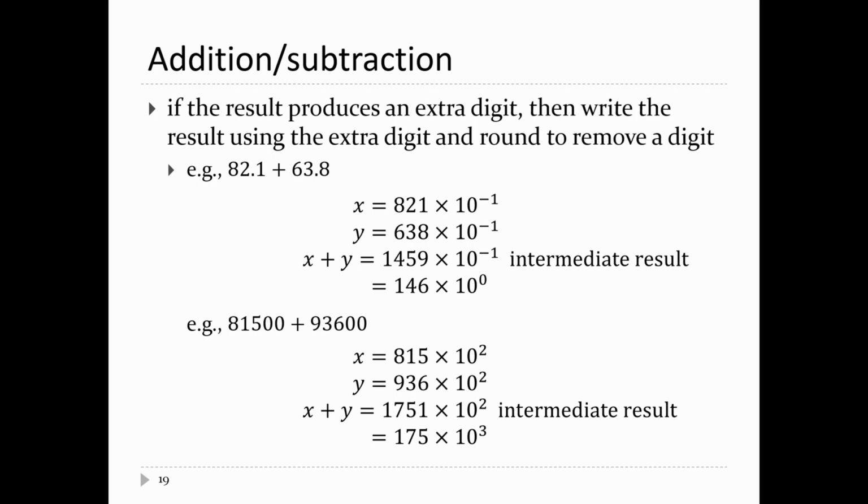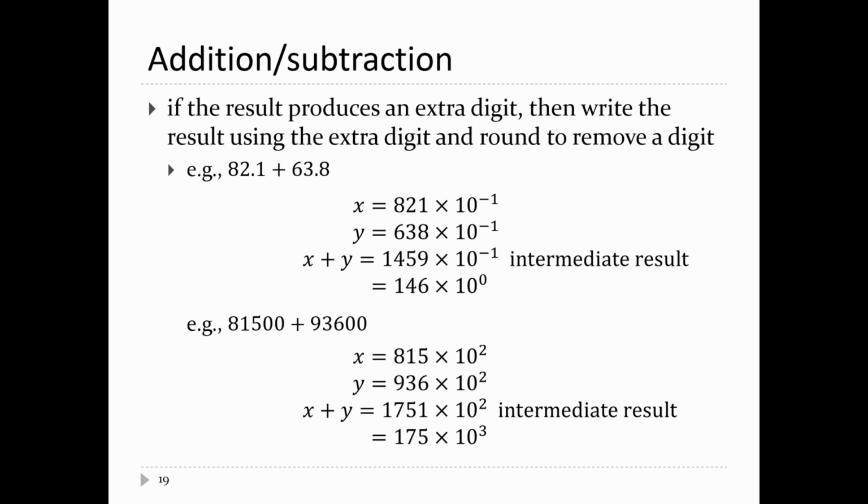So what happens? On an actual computer, a few different things could happen. It might round that to 3 digits. When it rounds 1459, it rounds it to 1460, and keeps the first 3 digits. So that's 146 times 10 to the 0.